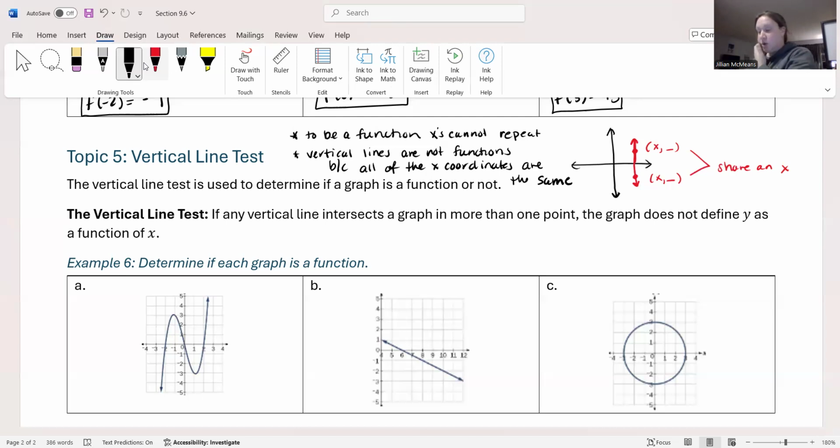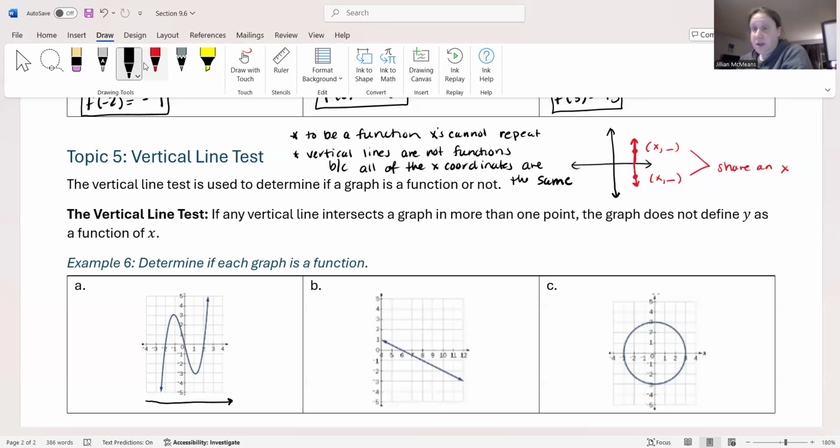Looking at example 6, it says determine if each graph is that of a function. If we look at the first graph, this is much easier to do in person, but just imagine a vertical line passing through graph A. At no point are we going to touch this blue line more than once.